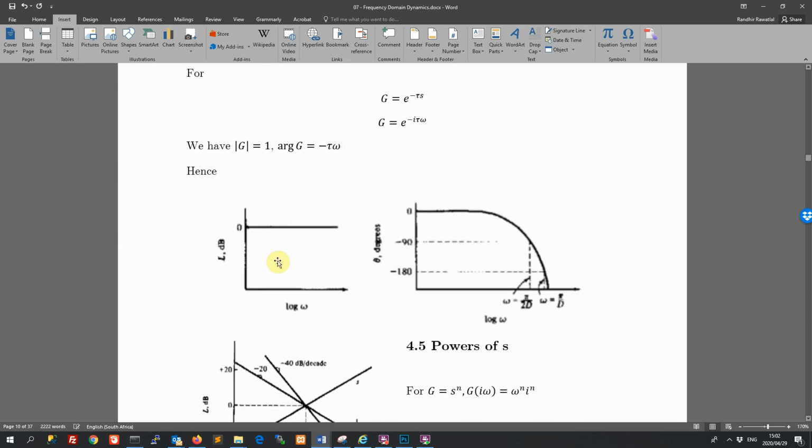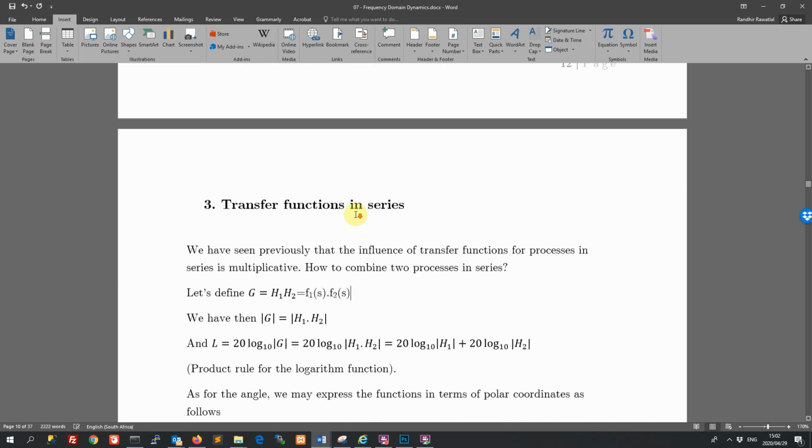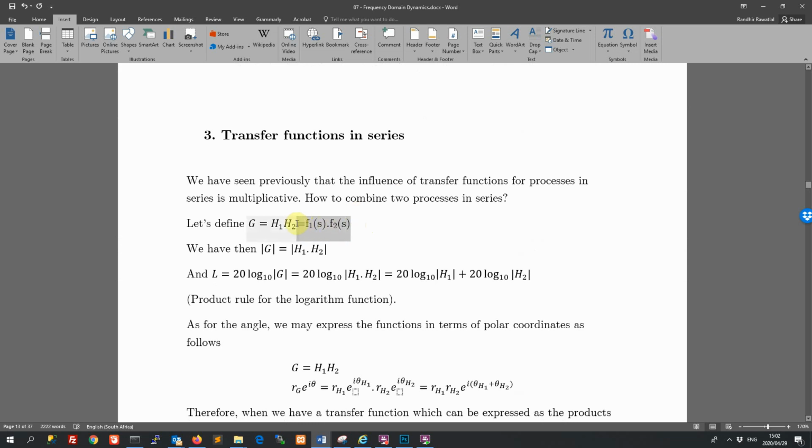And so that means we can plot individual lines on our L log omega graph and just add them together. And that's what we are saying here. If we have transfer functions in series, then we can just go ahead and graph each transfer function independently and then just add them together graphically, and that will give us our overall behavior.